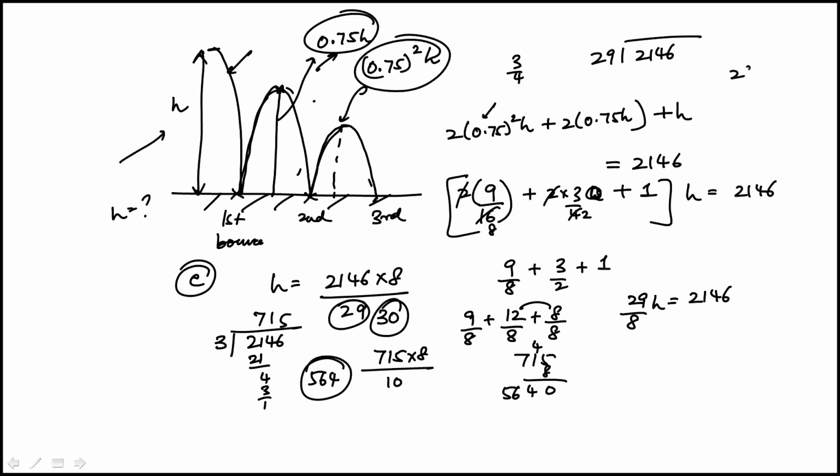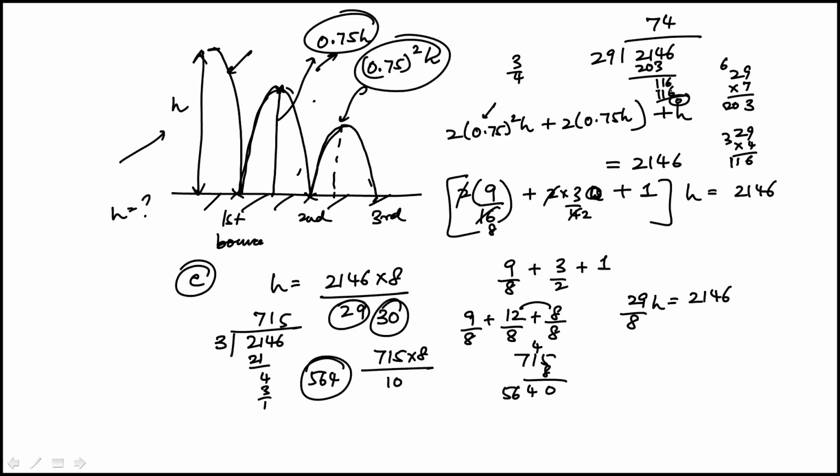Generally, the GMAT doesn't have you do these kinds of calculations, but maybe it does go evenly. 29 times 7 is 203, and then 29 times 4. Oh yeah, it does go in at 74.